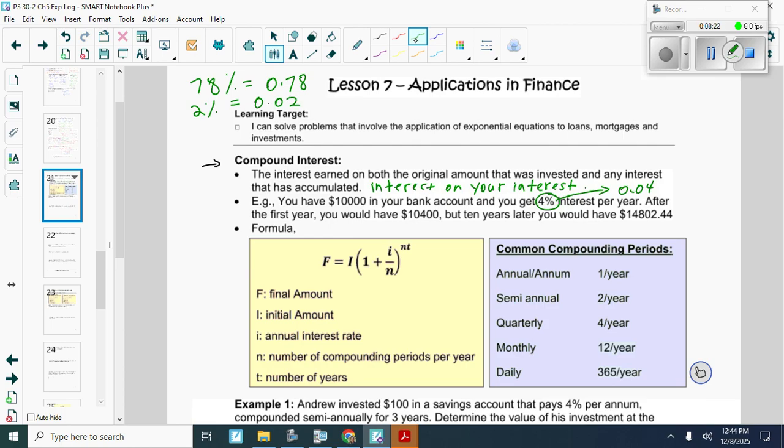You got to move the decimal place over, 1, 2, and you got to fill it in with the 0. Okay? What happens if it was 1.4%? What is that as a decimal? 0.014. Yeah.